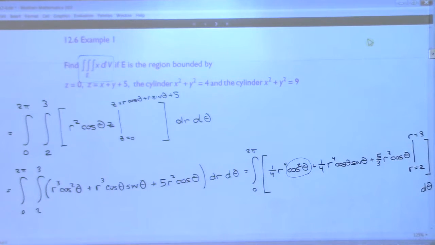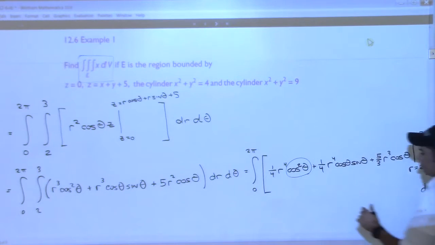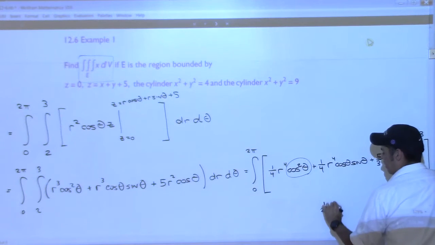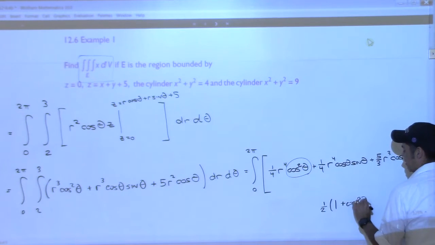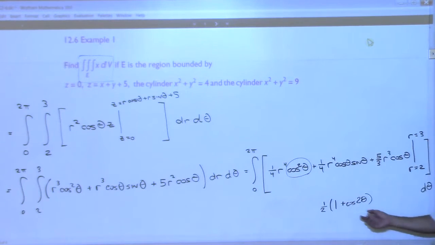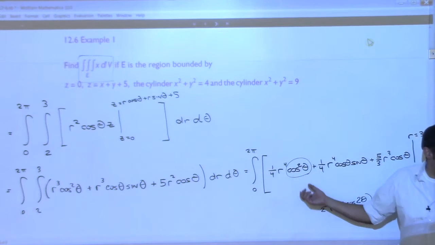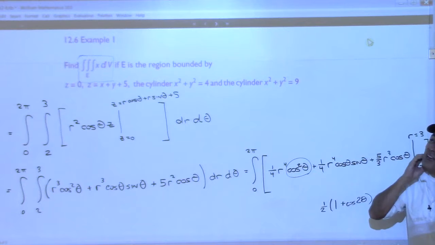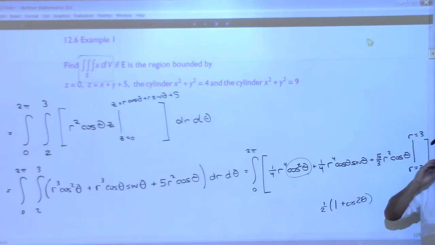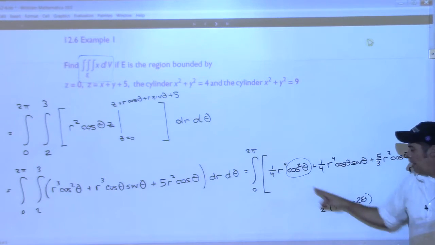Yeah, the reduction formula, so you'd use that thing, it's like 1/2 times 1 plus cosine 2 theta, something like that. That's the formula for power reducing, or reduction, or half angle. It's called different things, but this is back from Cal 2.